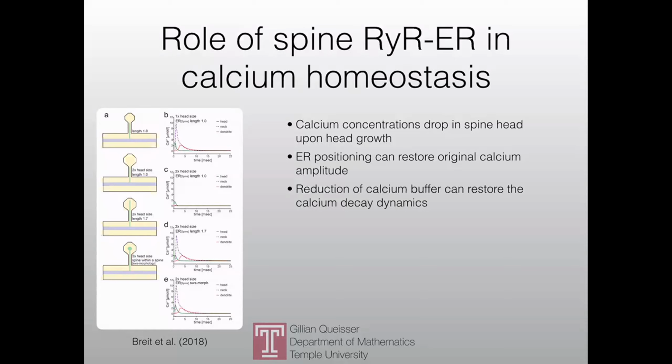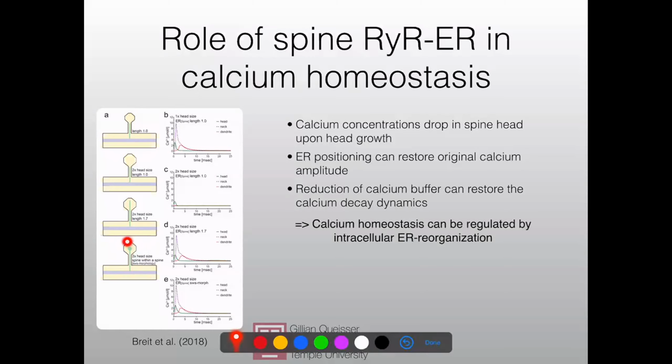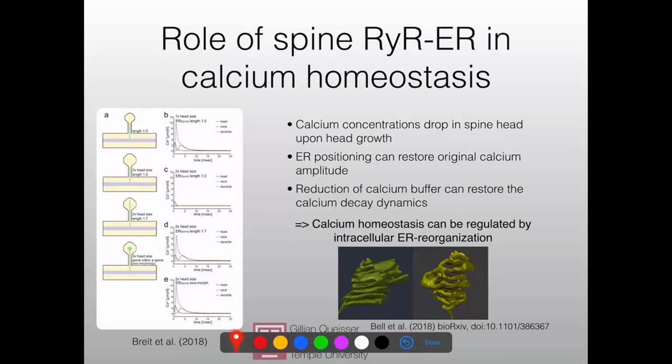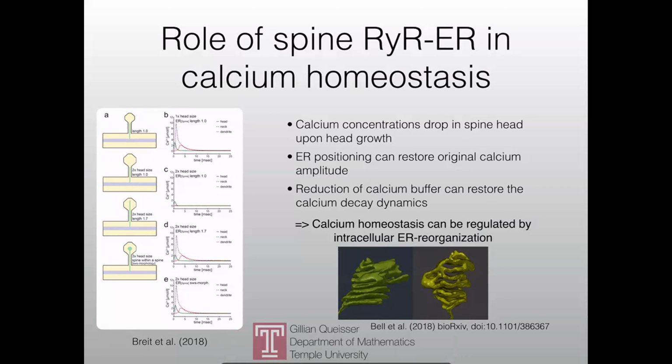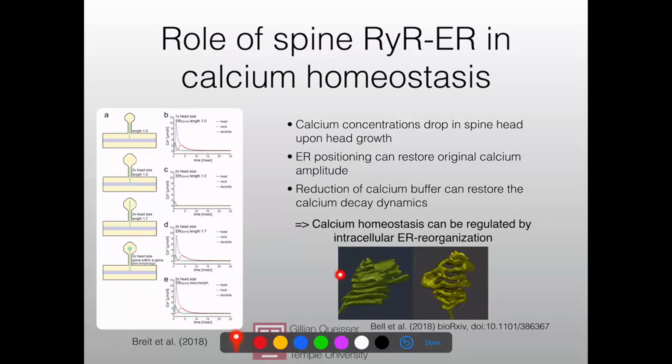And upon completing this study, we noticed that we had to increase the volumetric part of the ER in the spine head to ensure this calcium homeostasis. And what could be observed in published work is that in fact, once the ER grows into the head, it grows in such a way as to increase the volume.